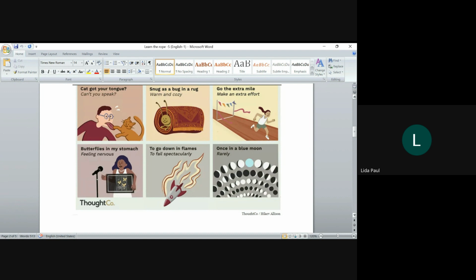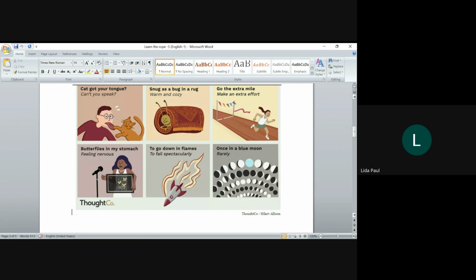And once in a blue moon, these give you contextual meaning. You look at the phrase and idiom, and you can guess, okay, this could be related to this. The meaning can be somewhere near to this. But something like cat got your tongue is not very easy to understand.